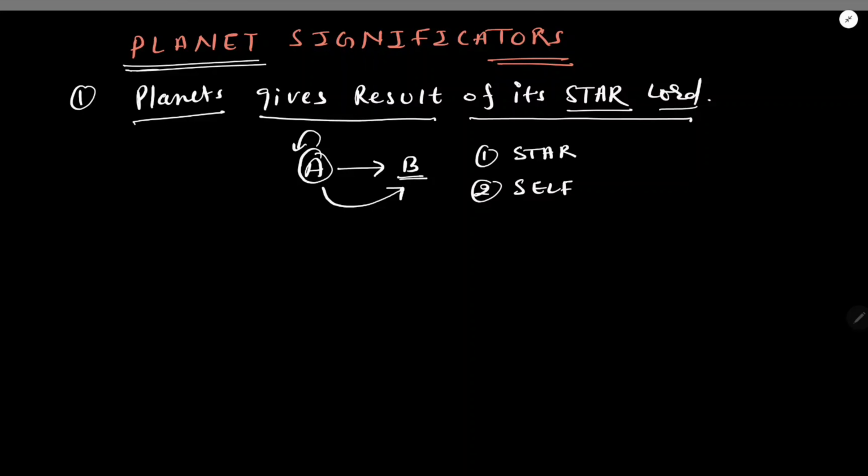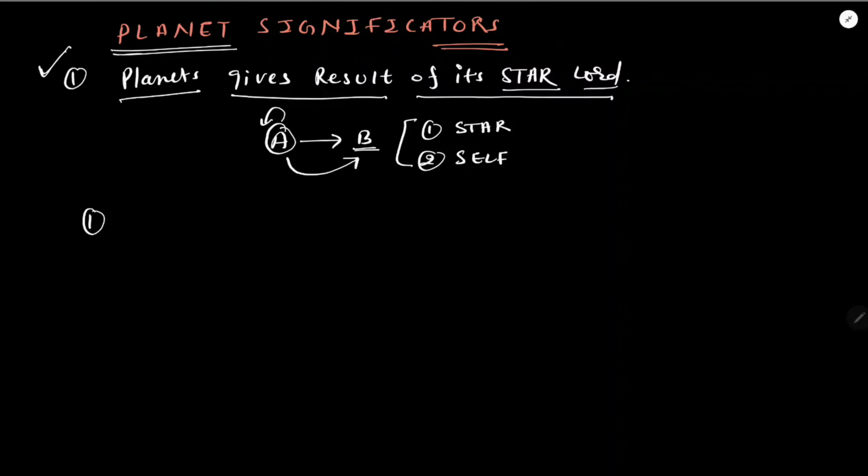what rules are there to find the significators of a planet? First, let's say we have a planet A. This planet A is going to give results of two kinds.